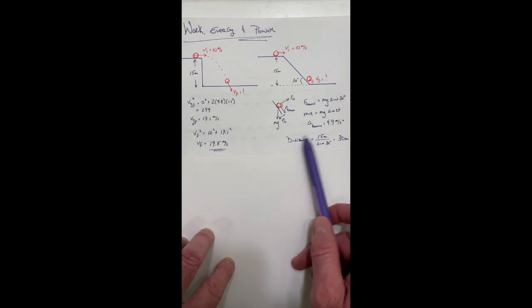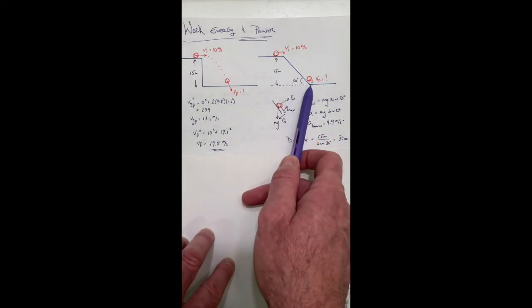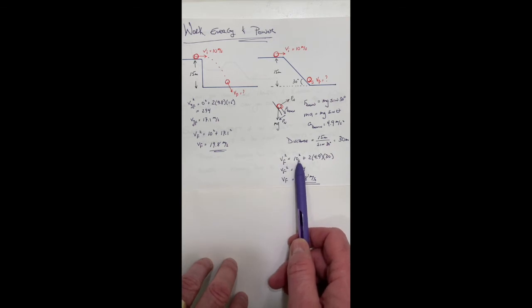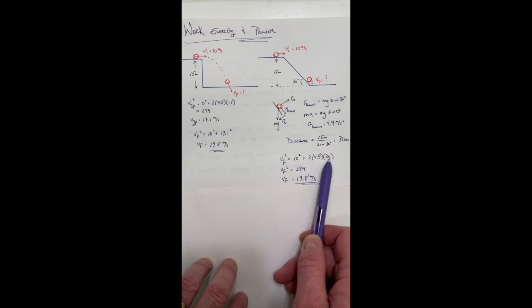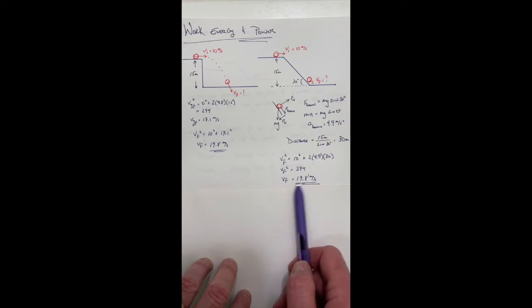So I can do this trig problem, and I can find out that my distance here is 30 meters downward. Okay, so I can use my formula vf squared equals vi squared, or 10 squared, plus 2 times my acceleration of 4.9 times my distance of 30 meters, and I get 19.8 meters per second.